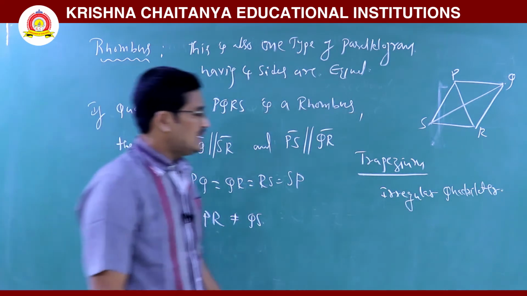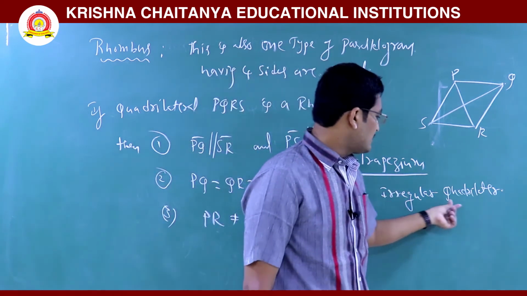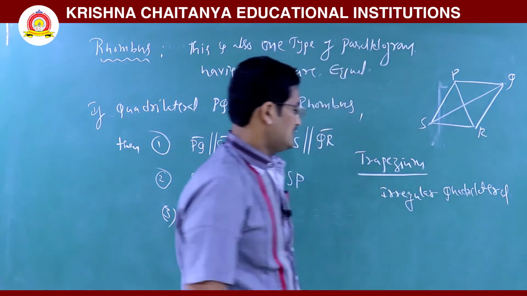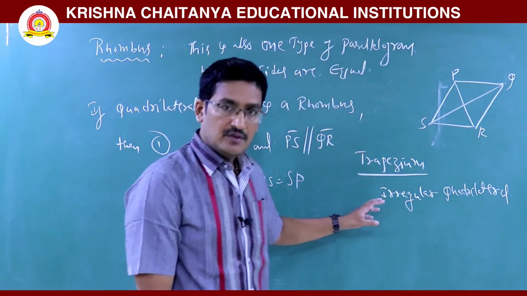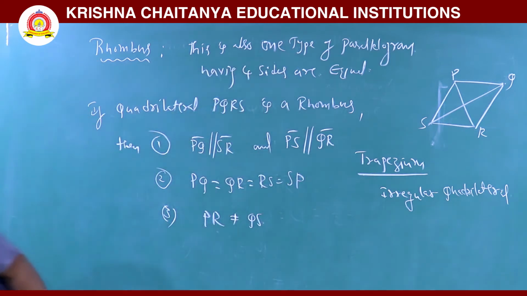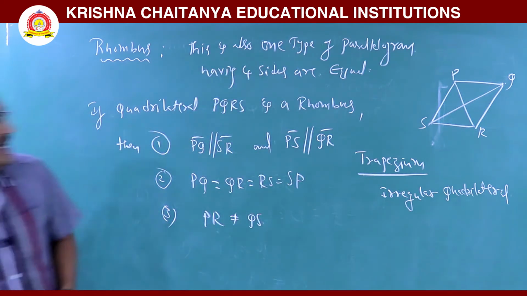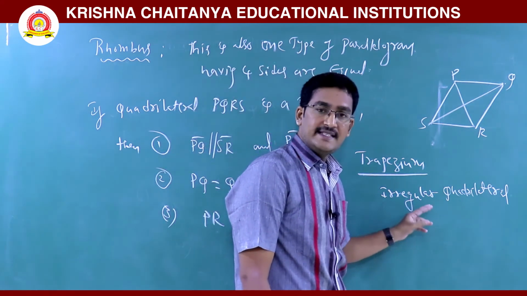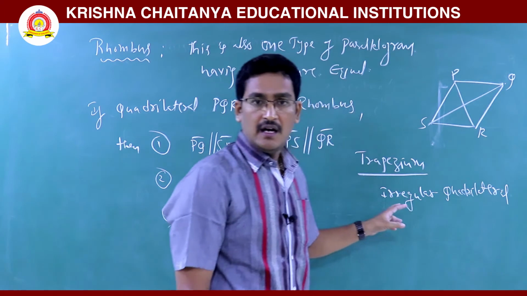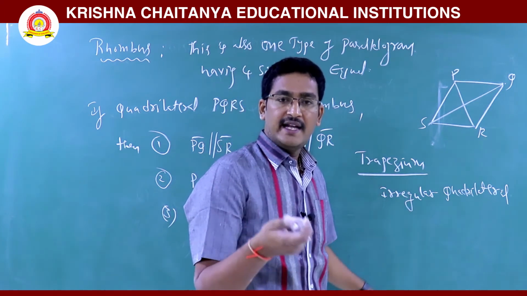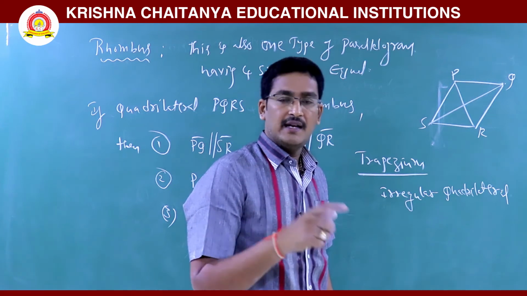Why do we say this one is an irregular quadrilateral? Because this does not have any similarities in the lengths and angles of the quadrilateral. Suppose you take a rectangle, square, rhombus, parallelogram like that.